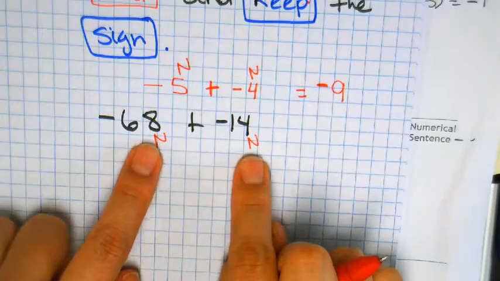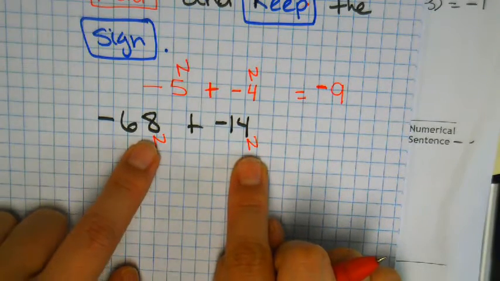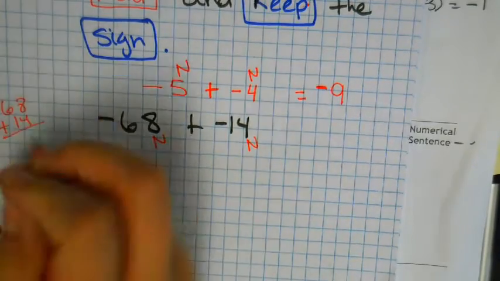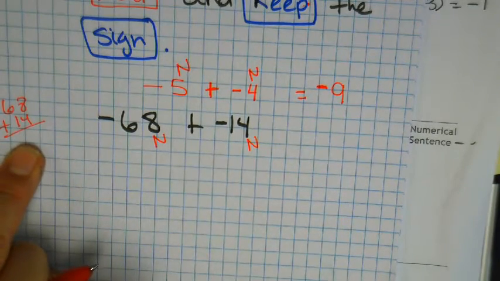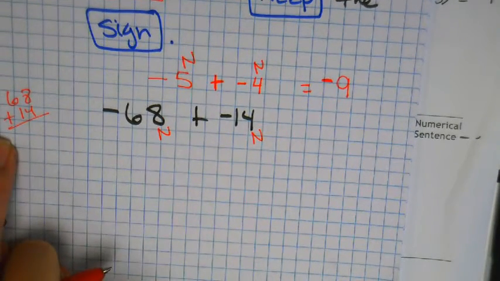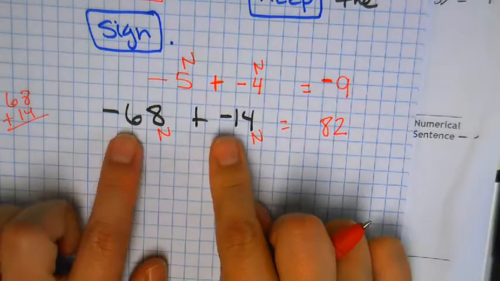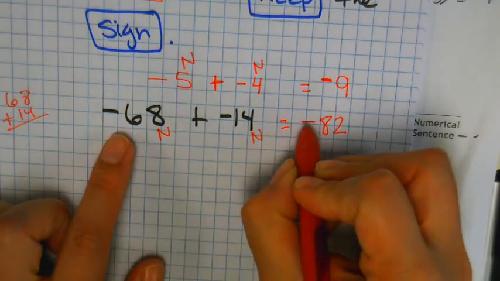So they're both negatives, so you're going to add. Now, if you want to add on the side, you can go ahead and add on the side. That's perfectly fine. So what's 68 plus 14? 82. And what do I do with the sign? We keep it. So it would be negative 82.